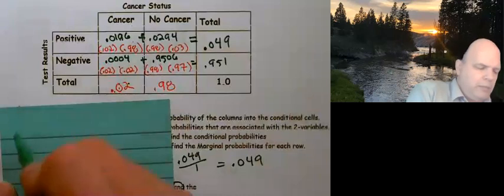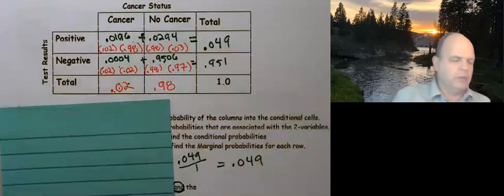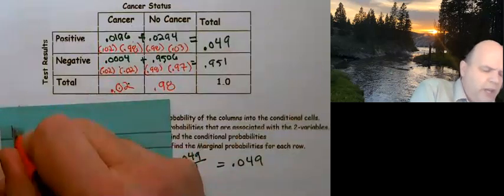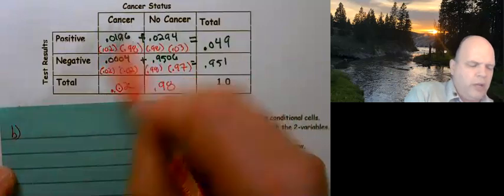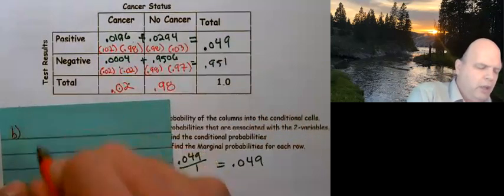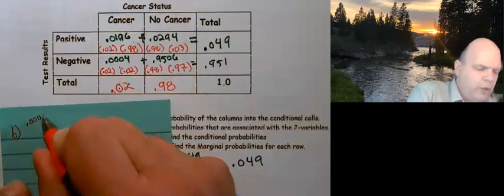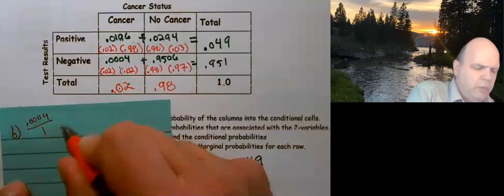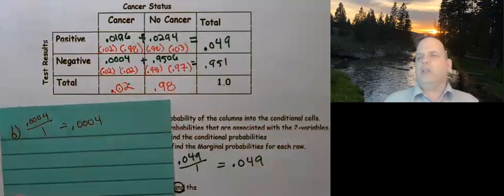So B is negative and has cancer. Negative and is the intersection word. Please don't forget that. So 0.0004 over 1 equals 0.0004. All right.